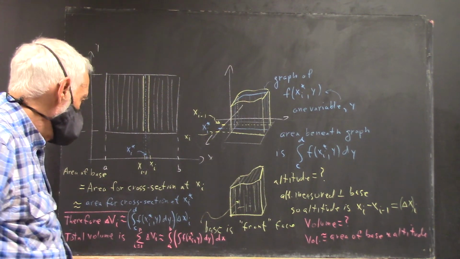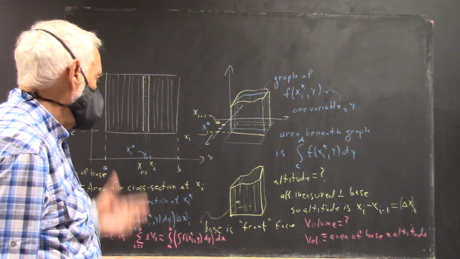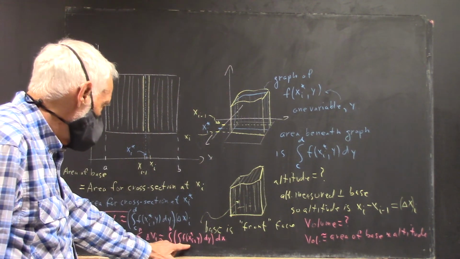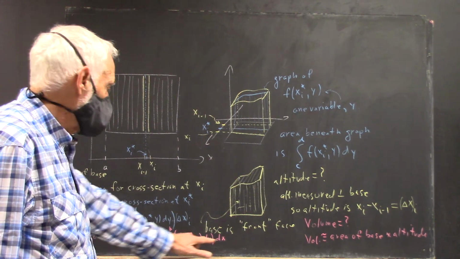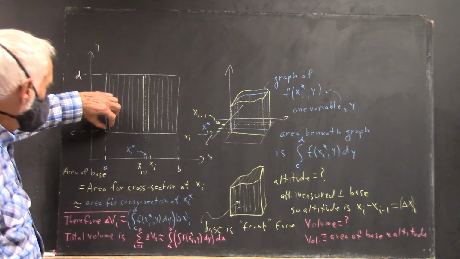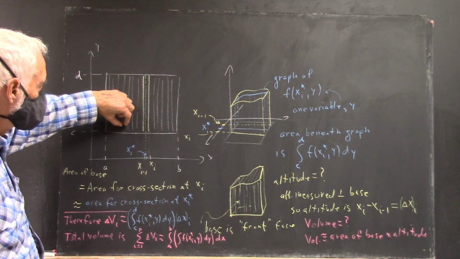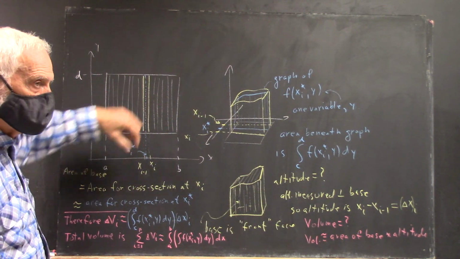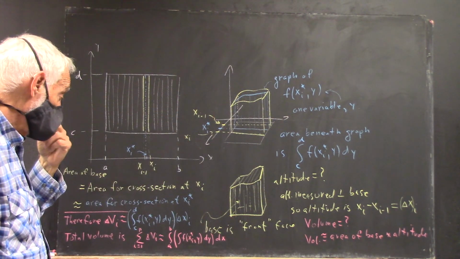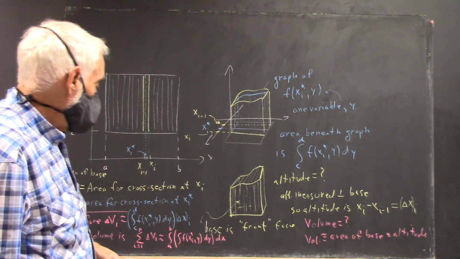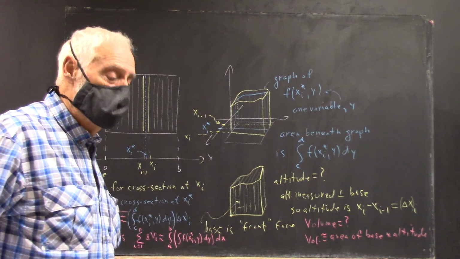In other words, we sum up all these, and that amounts to integrating this with respect to x. In other words, when we integrate with respect to x, we're just summing all the volumes of all these strips. Okay? So now we want to look at how you do this kind of an integral, and it's really straightforward. So we're going to look at that.